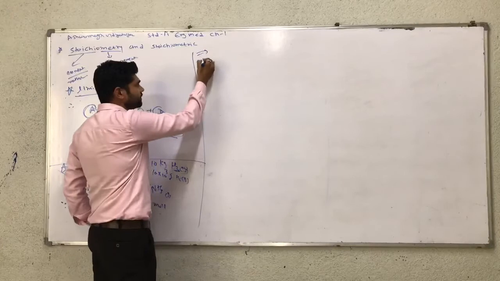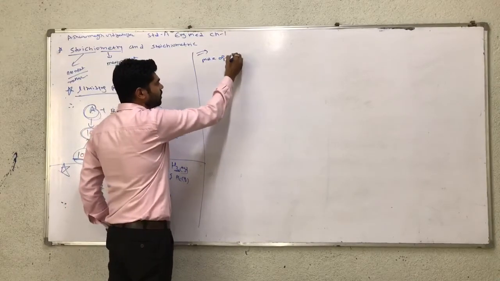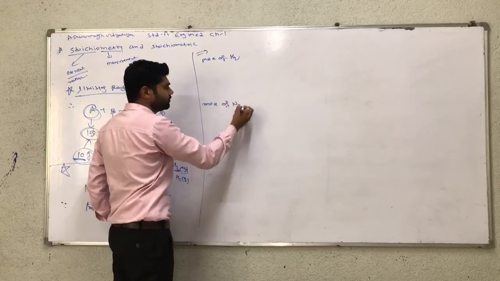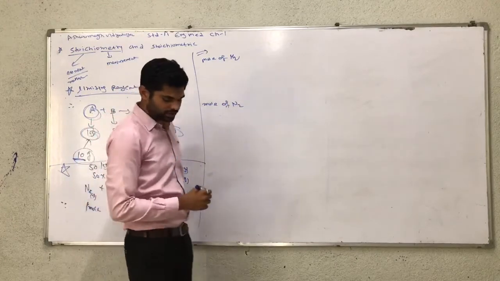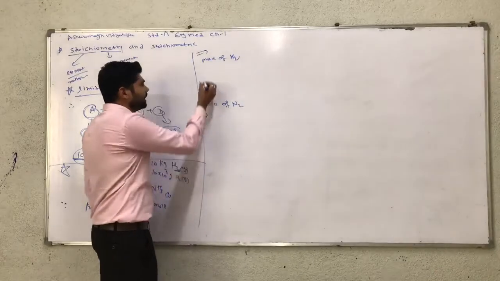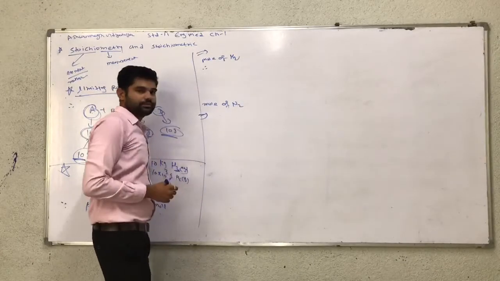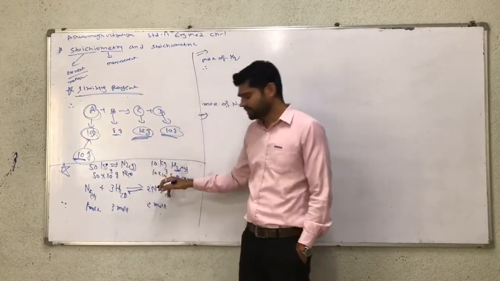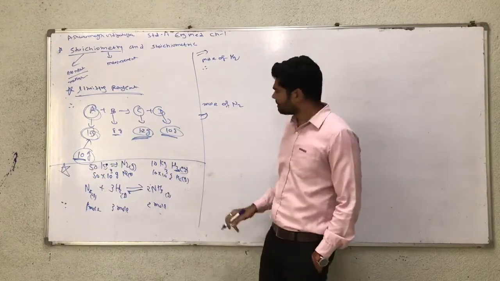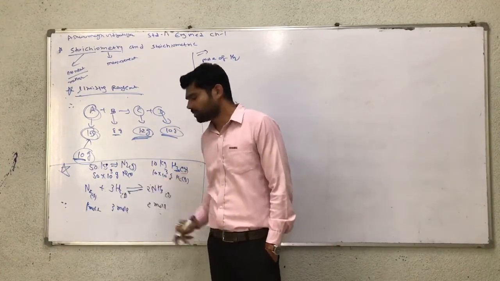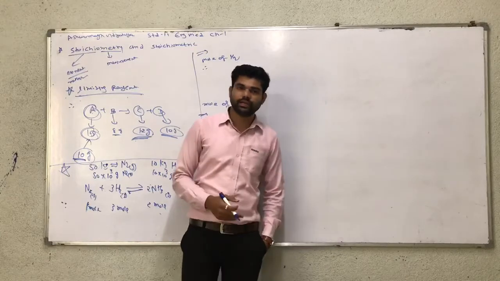So first find the moles of H2 and the moles of N2. How to find them? We use the equation: given mass divided by the molecular mass of the compound, once for N2 and once for H2.